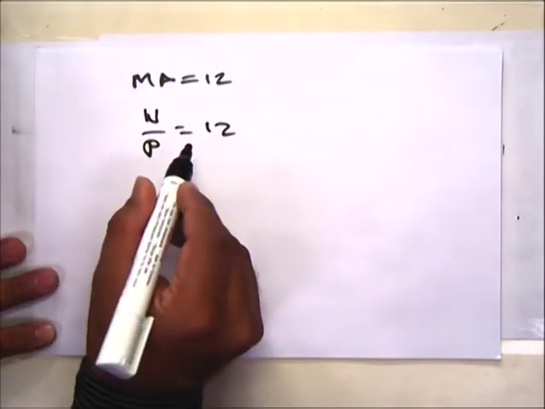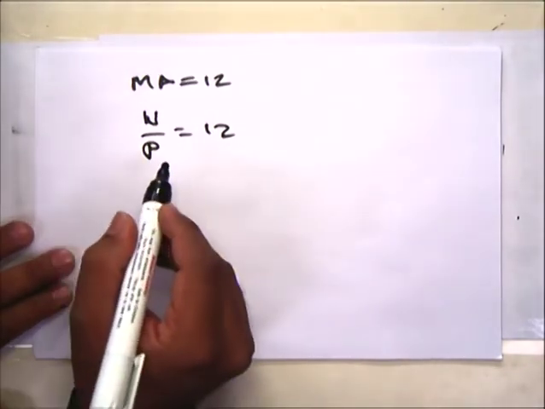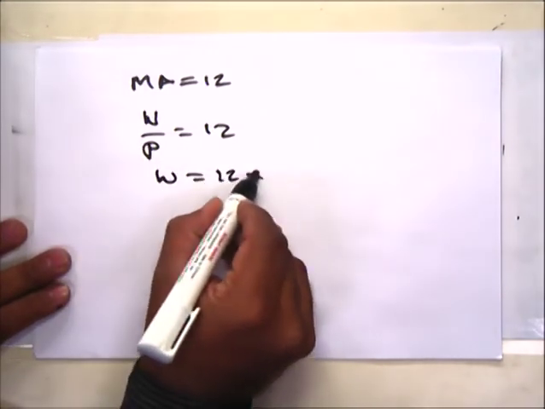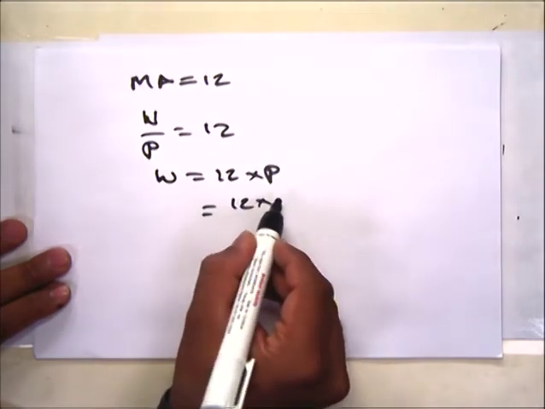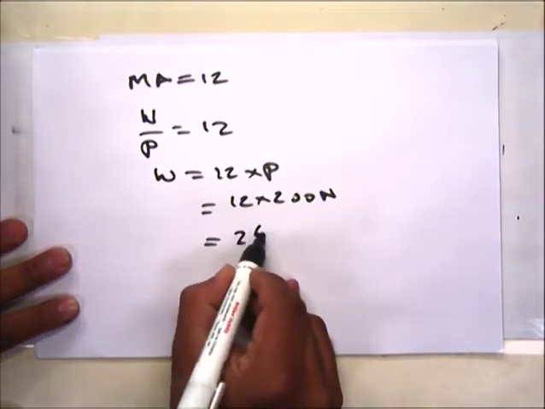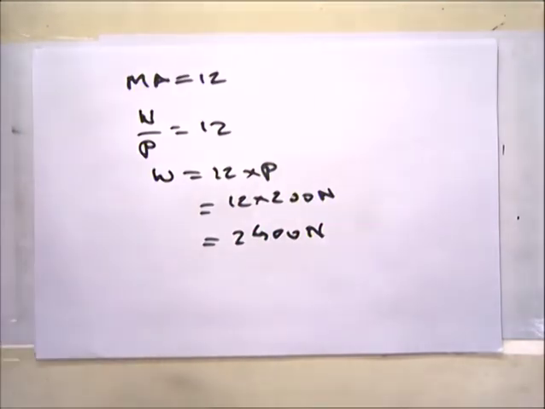So putting the value of mechanical advantage 12, W is equal to 12 into P. P is nothing but 200 Newton, so it is 2400 Newton. So we have obtained the value of load. This way we can calculate mechanical advantage, velocity ratio and load.